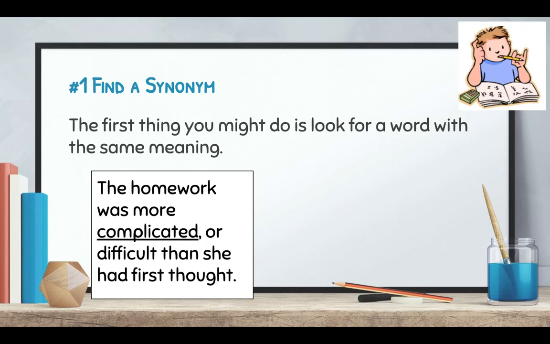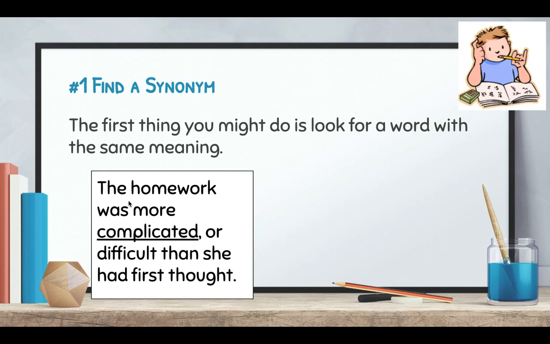So think back to when we made our synonym rules around Christmas time. You were to find words that have the same meaning as, I think, big. So we came up with ginormous, gigantic, huge, large. Those all mean big. So the first thing you might do is look for a word with the same meaning.